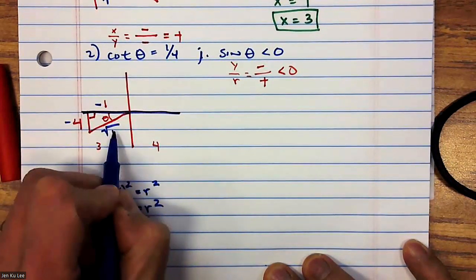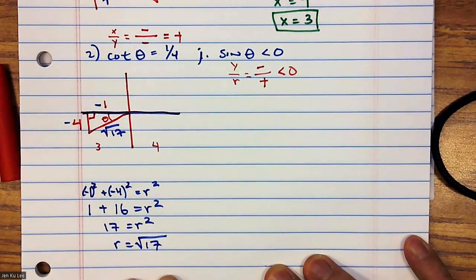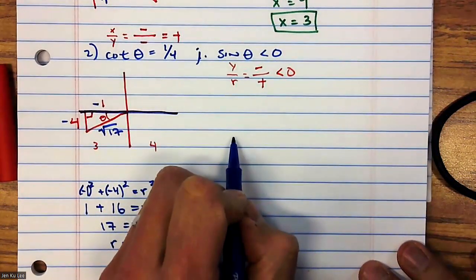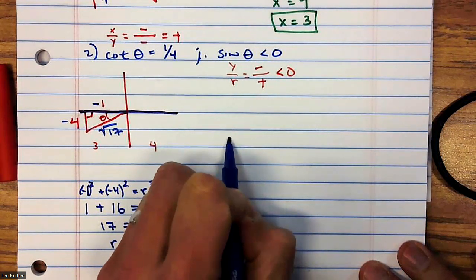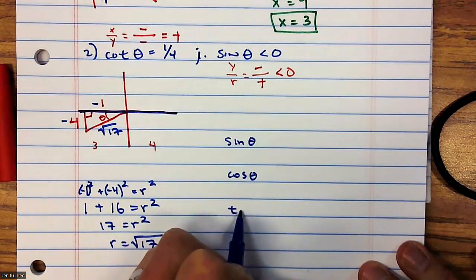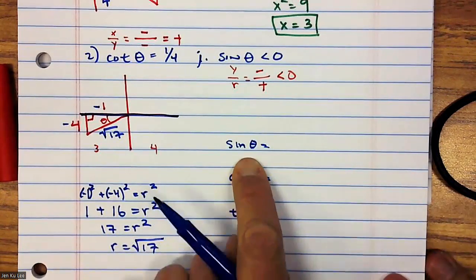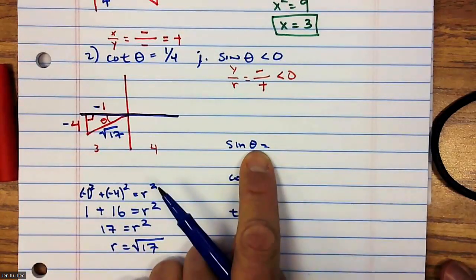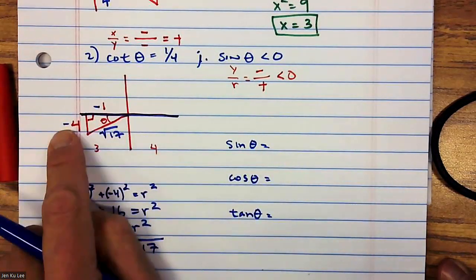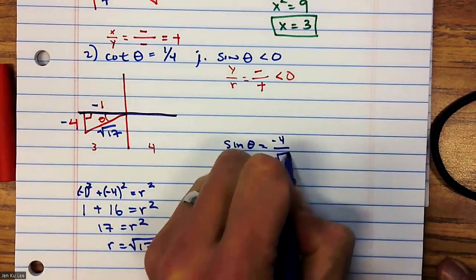All right. Questions? We're going to go through the 6 trig functions: sine, cosine, tangent. Let's do these 3 first. Sine of theta is y over r, which is negative 4 over square root of 17.